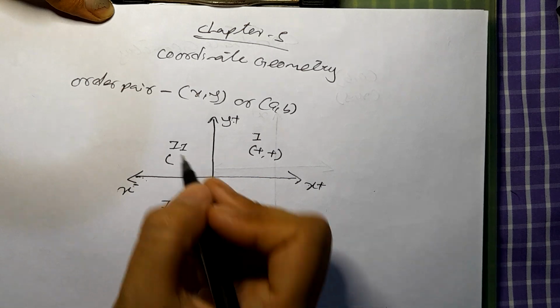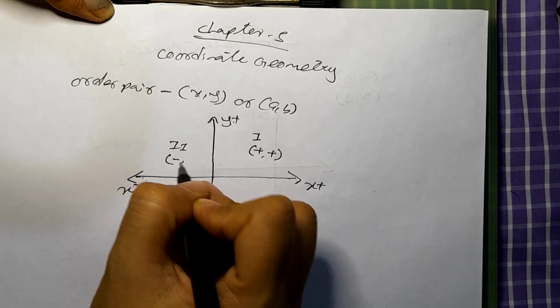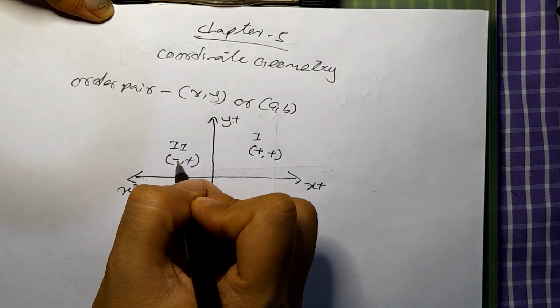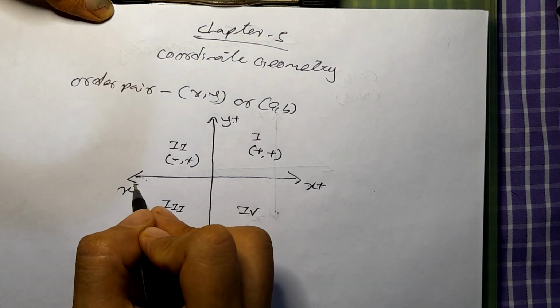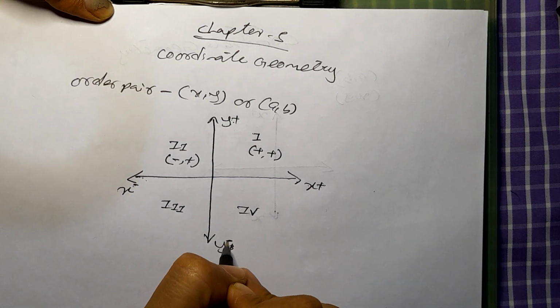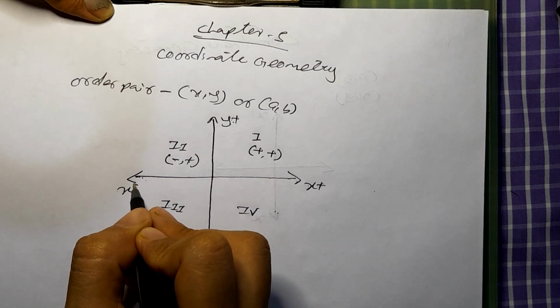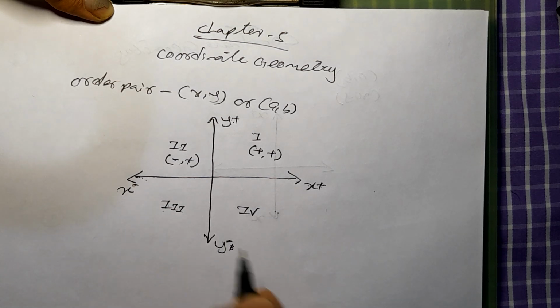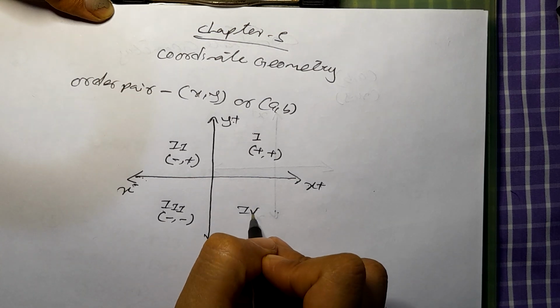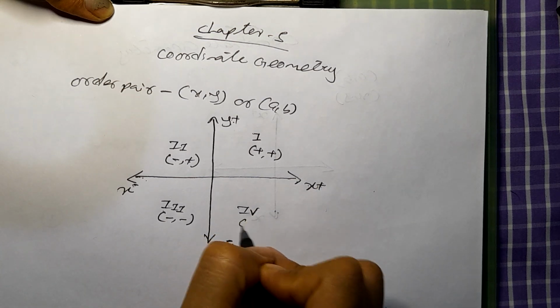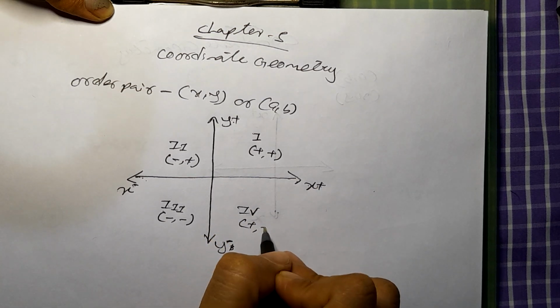Here x is negative and y is positive, so it is minus plus. Now come to the third quadrant. Here x is negative and y is also negative, so it will be negative comma negative. In the fourth quadrant, x will be positive, so plus, and y will be negative.